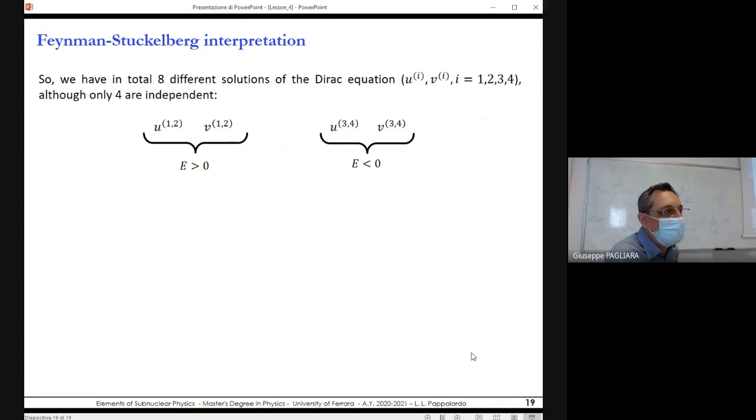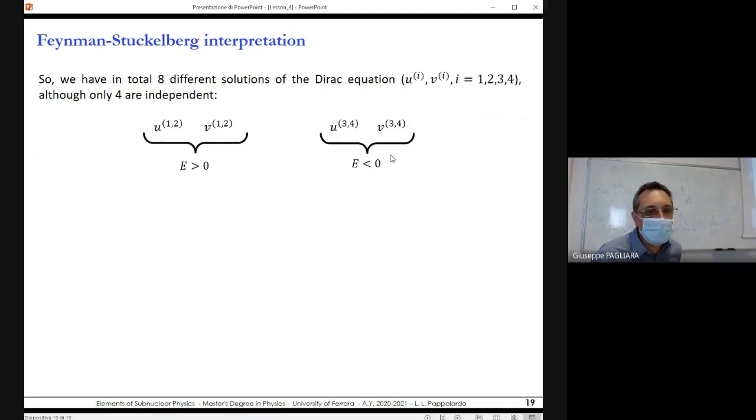So in total, we have 8 different solutions of the Dirac equation, the 4 u and the 4 v, although of course only 4 are independent, because if you remember, we have a system of 4 equations. So u1, u2 and v1, v2 are particle and antiparticle solutions for positive energy, and u3, u4, v3, v4 are particle and antiparticle solutions for negative energy.